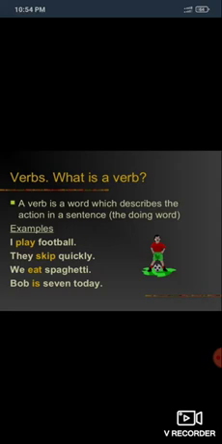In these sentences, the highlighted words are called verbs. I play football: here, play is an action word. They skip quickly. We eat spaghetti. Bob is 7 today: here, is is also a verb. So, a verb is a word which describes the action in a sentence. That doing word is called a verb.